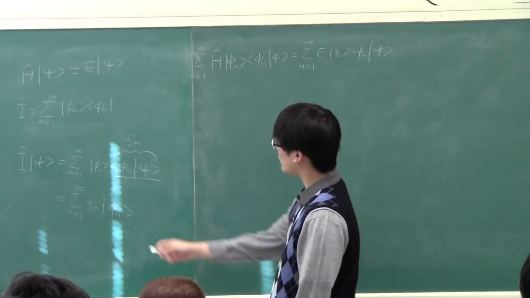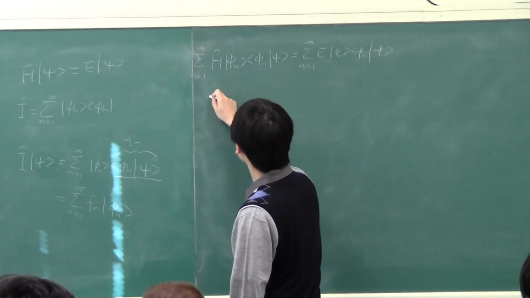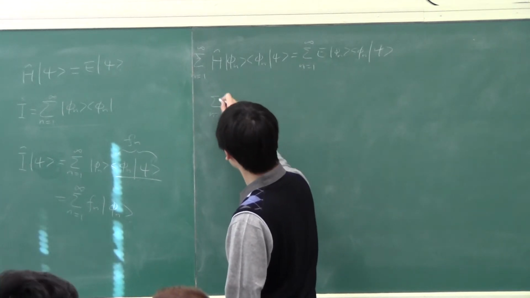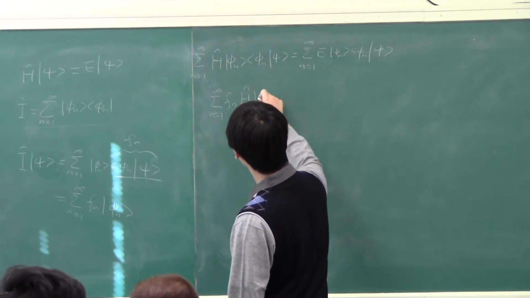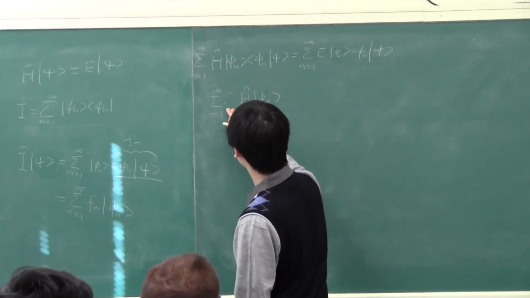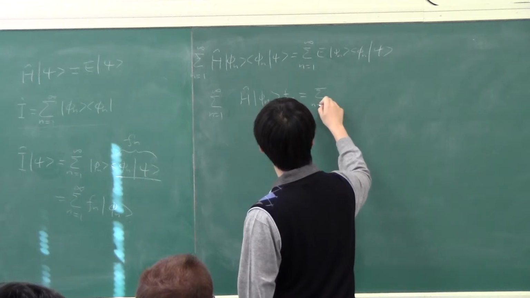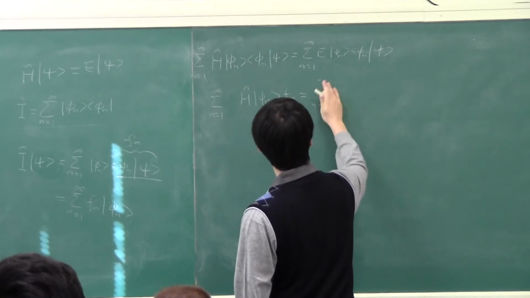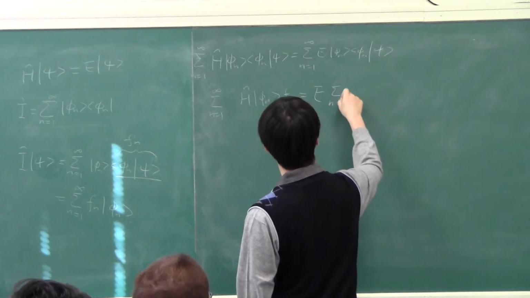As we define here, let's call this f of n. And we can factor the eigenvalue E out.